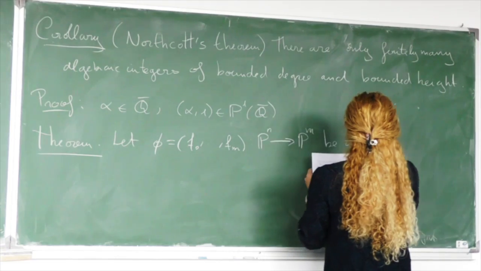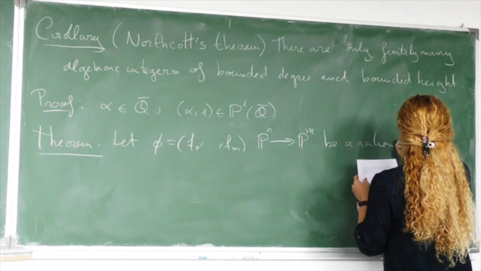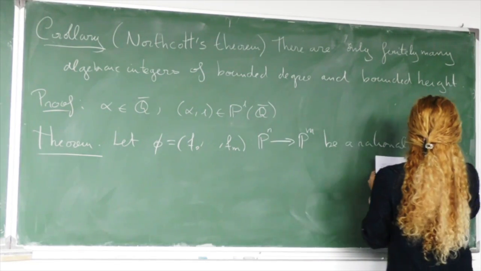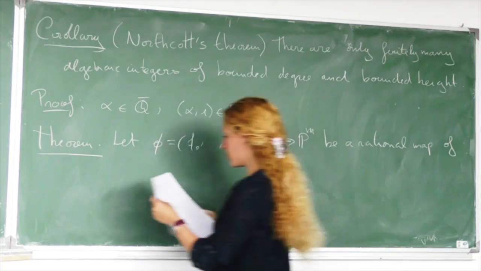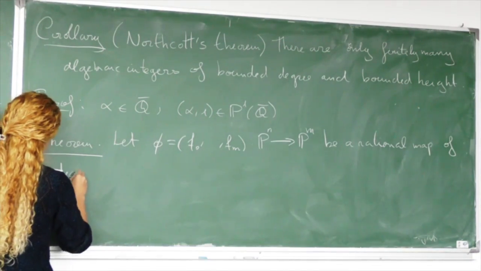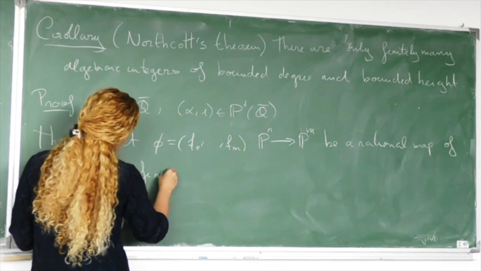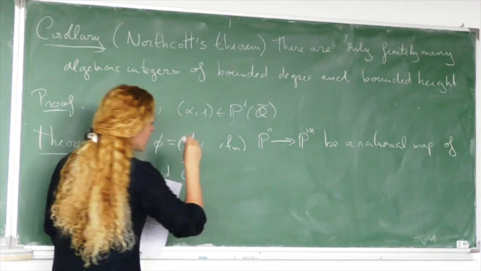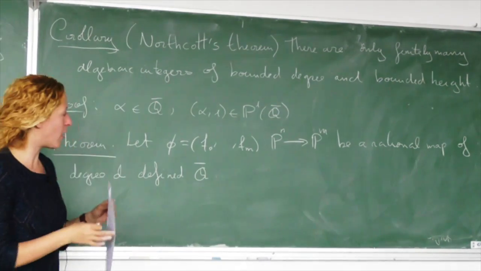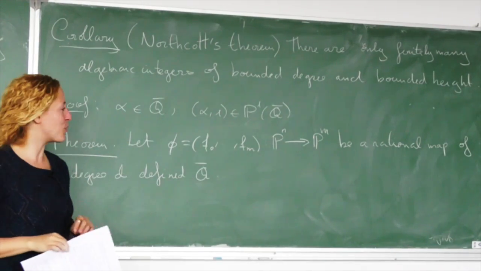Let phi be a rational map of degree d. I can consider it directly defined over the algebraic closure of the rationals, so I don't need to fix a number field.